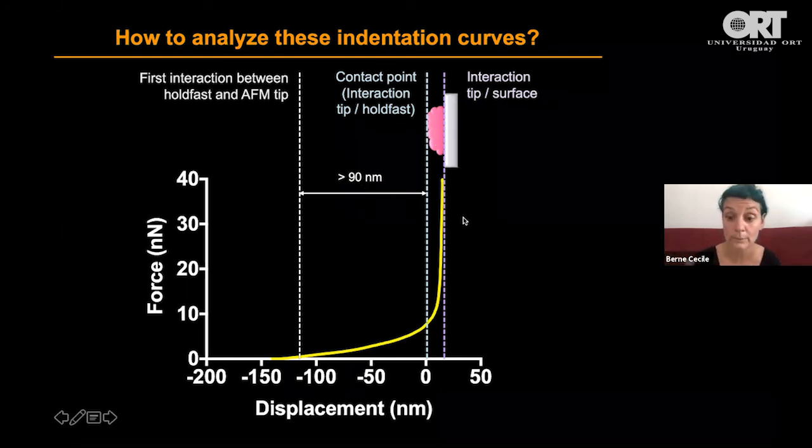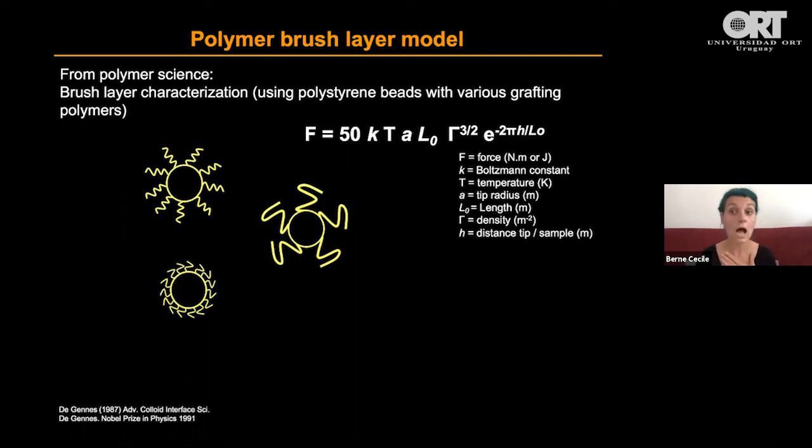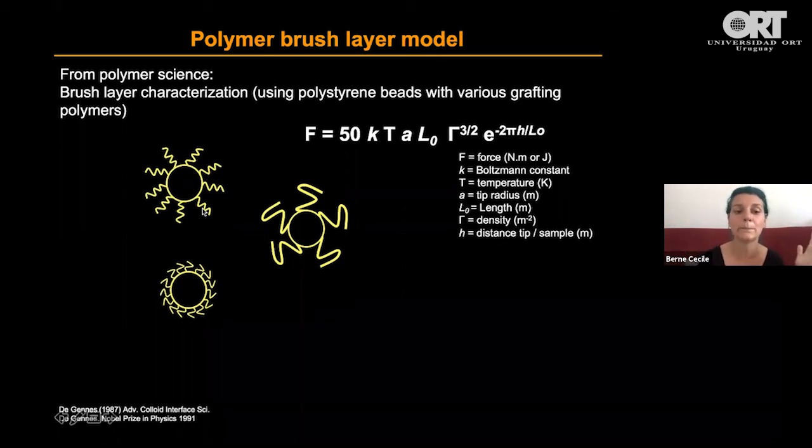So this was extremely puzzling for me. I dug into a lot of literature and I found my answer in some old polymer science papers, which, I'm not a physicist, were extremely hard to read, but they gave me the answer, so I'm thankful. In those old papers, they took some polystyrene beads and grafted polymers of different sizes and flexibilities to make little beads with hair, and they looked at how they interact with the surface.